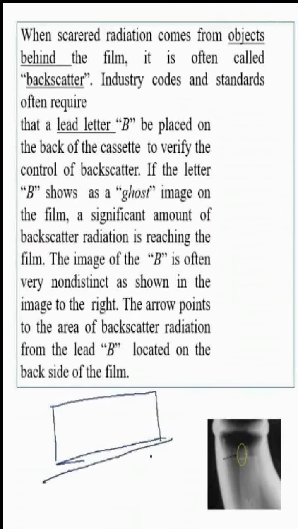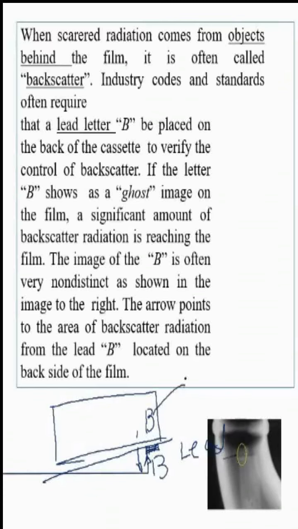Here we put the film, and beneath the film we put a lead letter B. So when there is backscatter, radiation will go and again come back, and this B will be available on the screen, on the film.